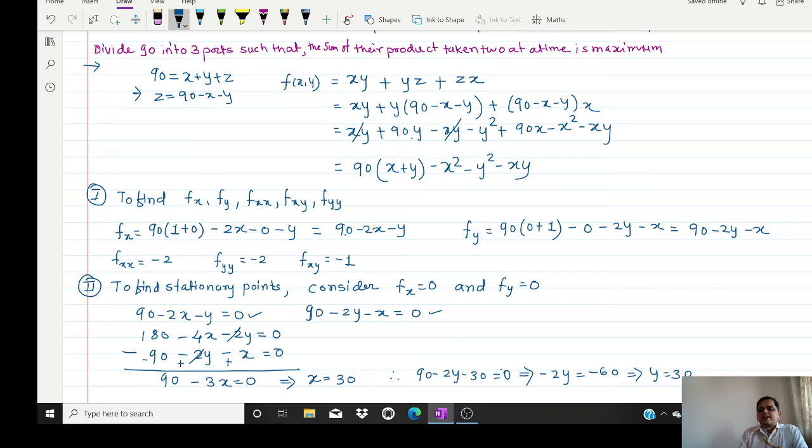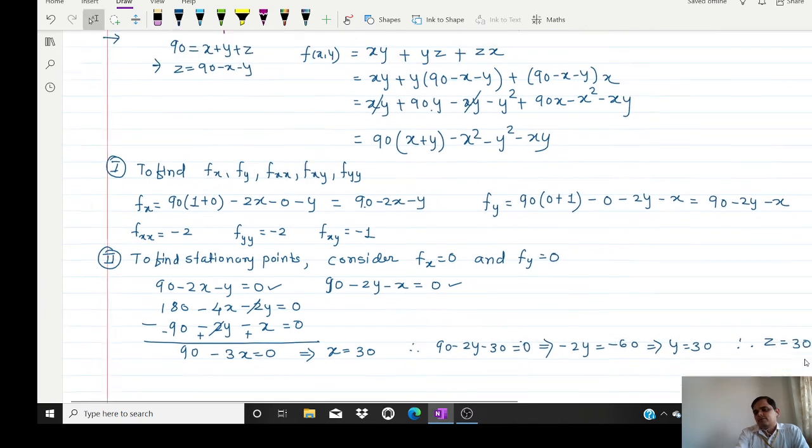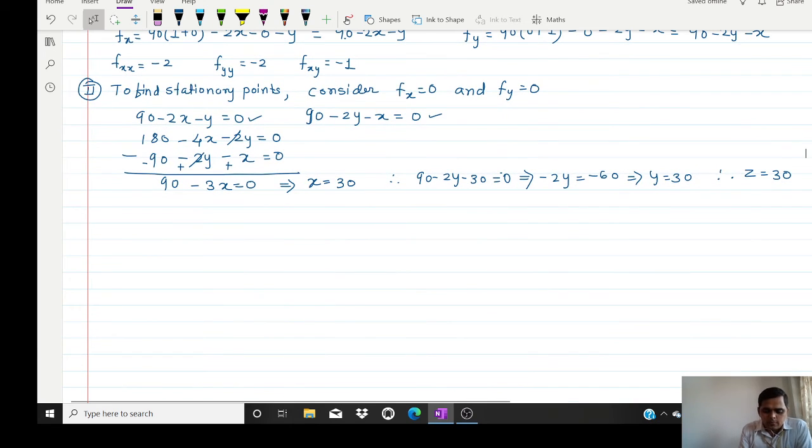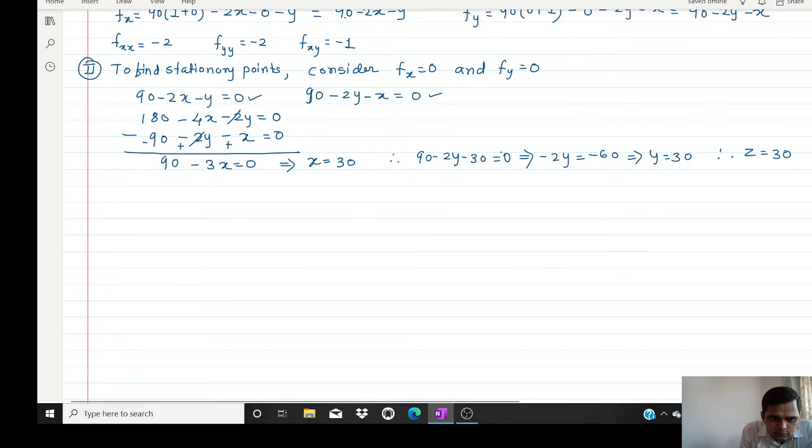And of course, as x and y are 30, the addition is 60, hence z has to be 30. Value of z has to be 30. Fine. So now what is the stationary point here? The stationary point is 30 comma 30. There is only one stationary point, 30 comma 30.